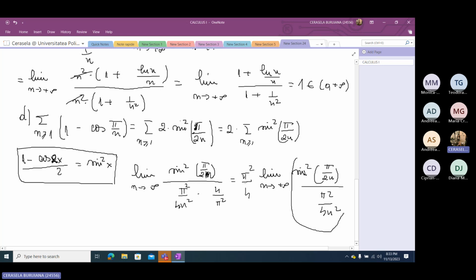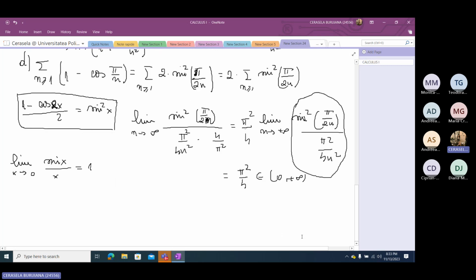By using the remarkable limit, which I will write over here for someone who forgot it, but I doubt that, remember that this limit is 1, so the whole limit becomes pi squared over 4, a value lying in the interval 0 to plus infinity.